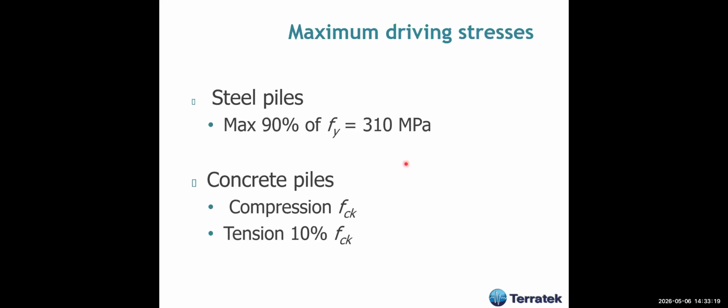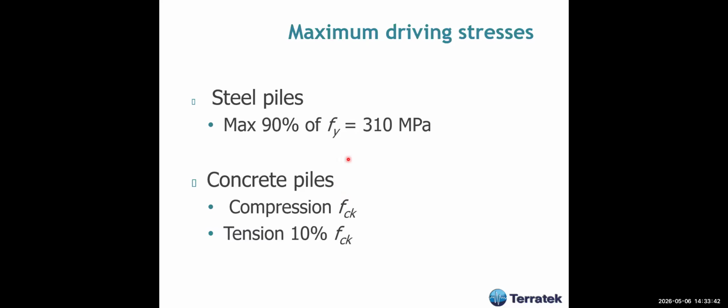Usually, the steel pile, that's the advantage. You can easily go up to 90% of the strength of steel. In most of the steel that I have used in the past, about 350 megapascals, it's safe to go up to 300, either in compression or in tension.